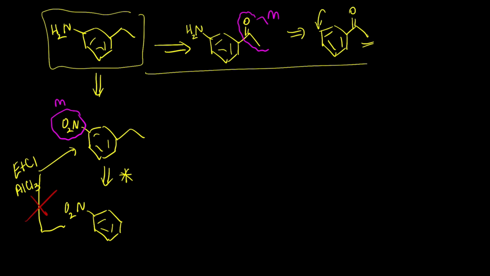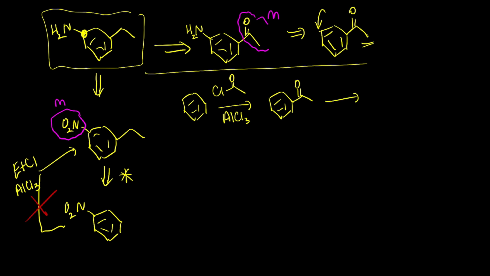So again, this is the meta-director, so we'll place something on the meta position, which is what we need in our molecule. So the synthesis will be to take benzene and, like we saw in part A, I believe, treat it with the acid chloride and aluminum trichloride to give you acetophenone.